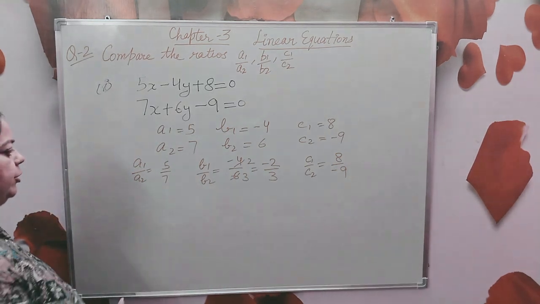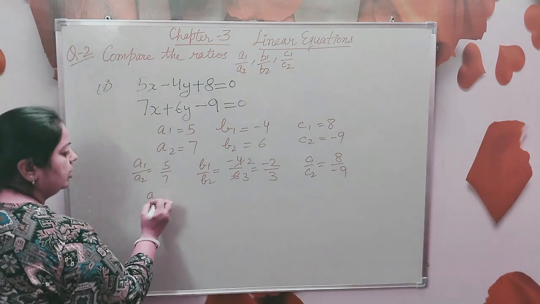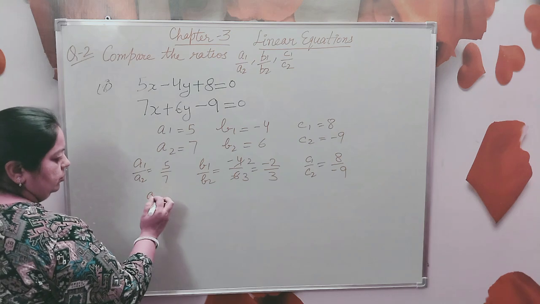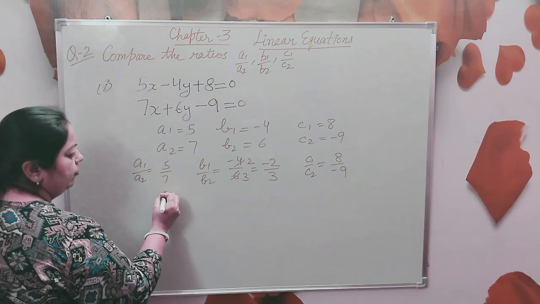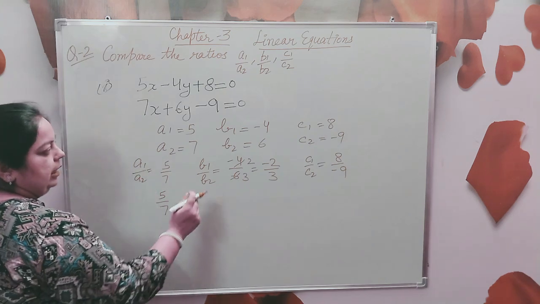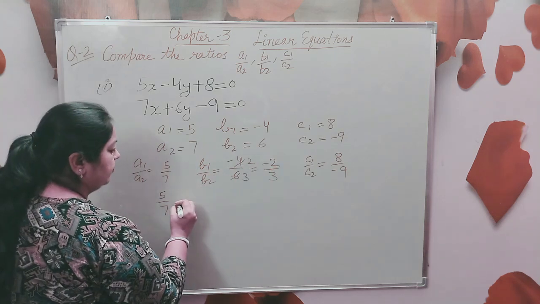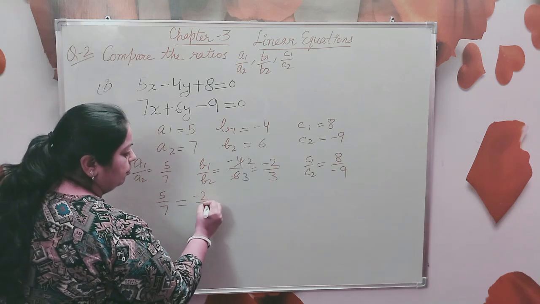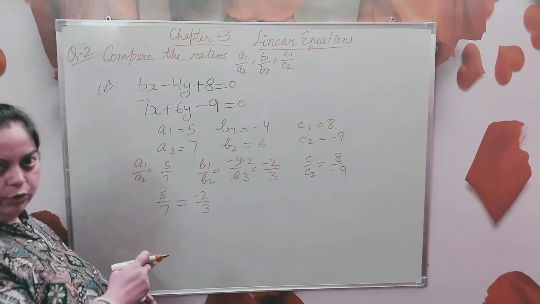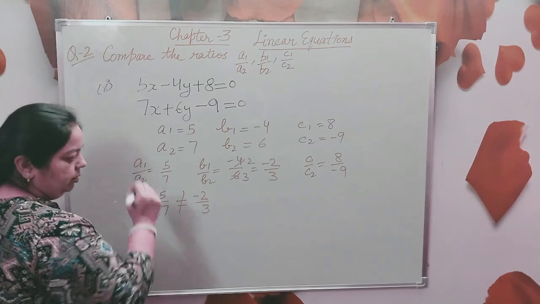Now we compare the ratio. a1 upon a2 means 5 upon 7 and b1 upon b2 is minus 2 upon 3. Are these equal? No. So these are not equal.